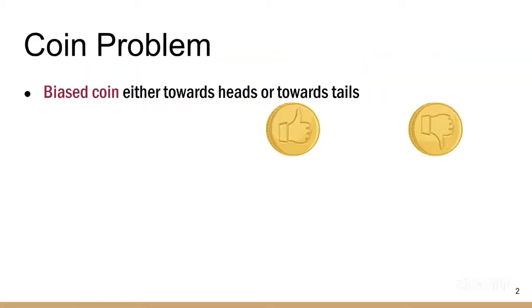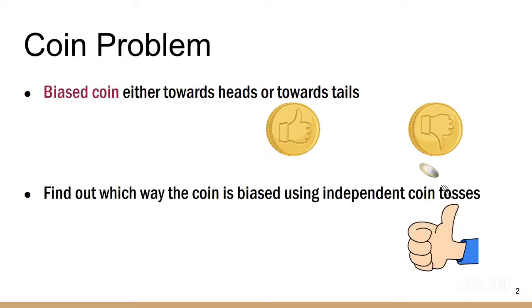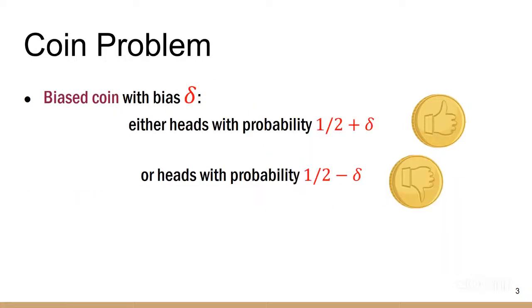Okay. So what is the coin problem? It's a very simple problem. You are given a biased coin which is biased towards either heads or tails, and you want to figure out which way the coin is biased using independent coin tosses. So let's quantify it a bit. You have a biased coin which has bias delta. Delta is a parameter that we will keep changing during the talk.